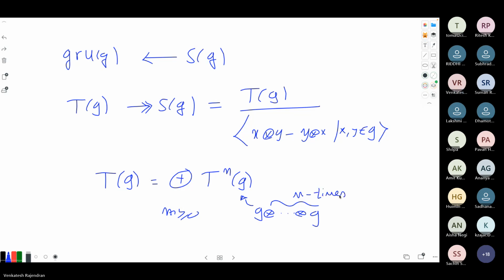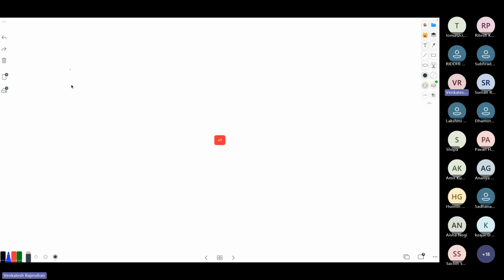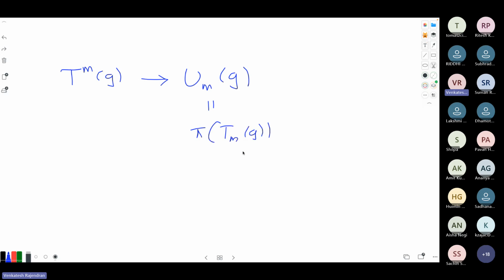Now you have the following map from TmG to UmG. UmG is the image of T small mG, which is nothing but the direct sum of TkG, with k ranging from 0 to m.